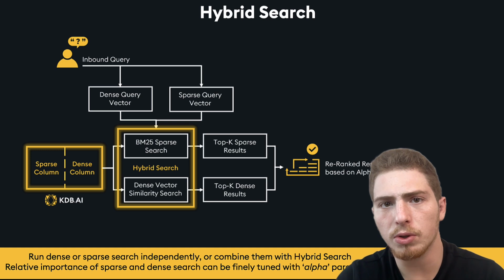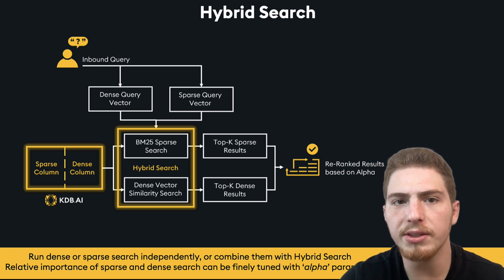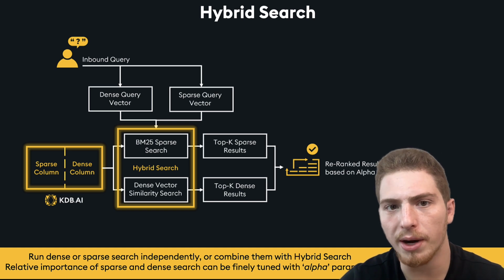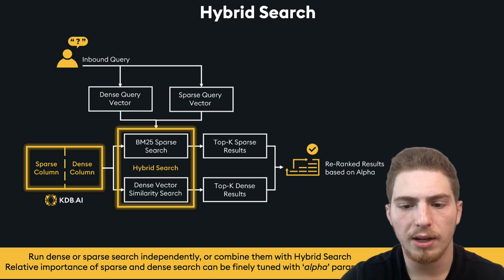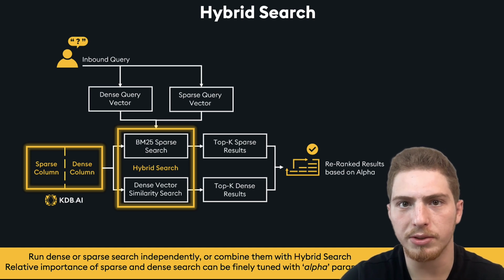So in KDB.AI, we could also run dense and sparse search independently. We don't have to combine them with hybrid search. And this allows for some very interesting search pipelines.